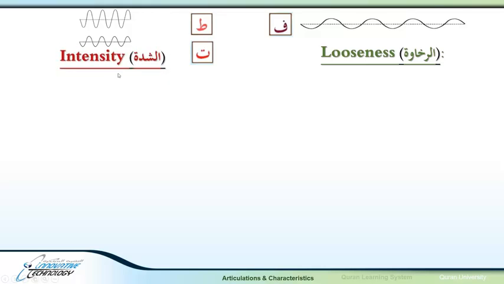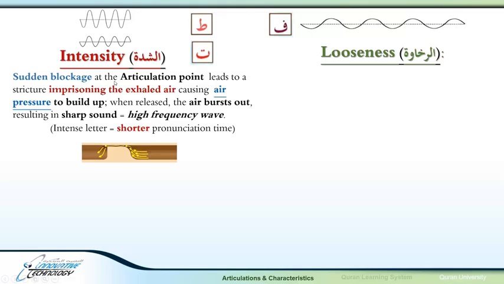And if we go back to the intensity and try to define it, we'd realize that the intensity, or al-shidda, is caused by the articulation point having a sudden blockage caused by a stricture imprisoning the exhaled air.